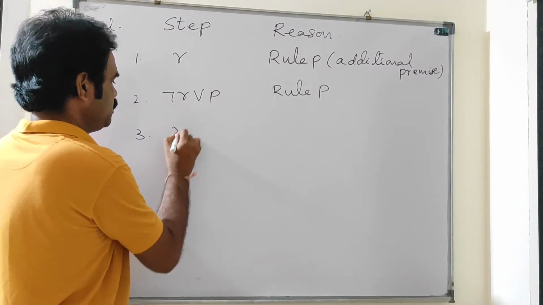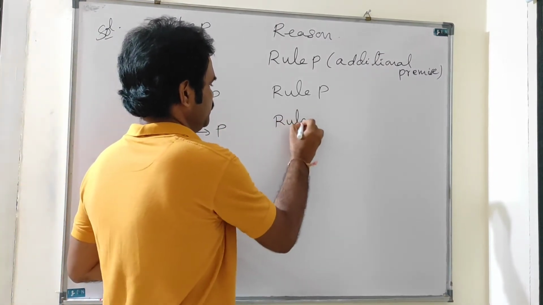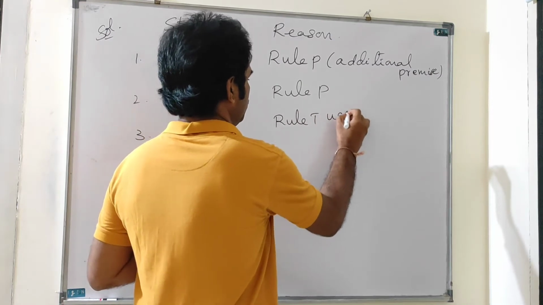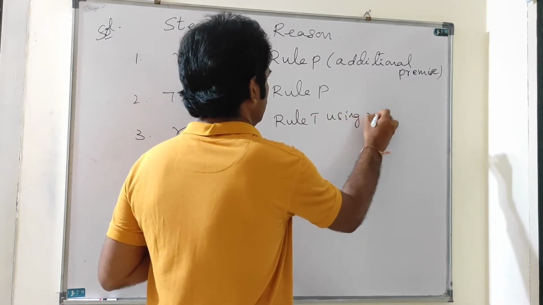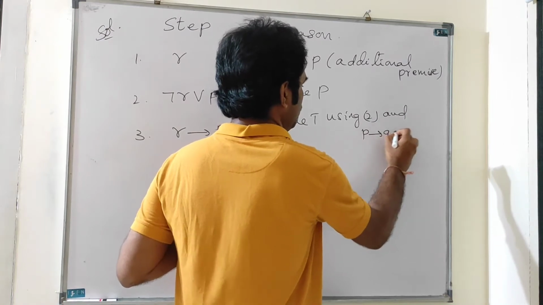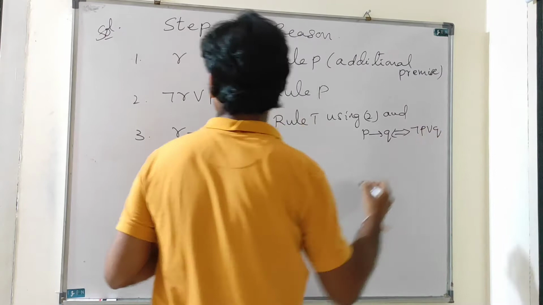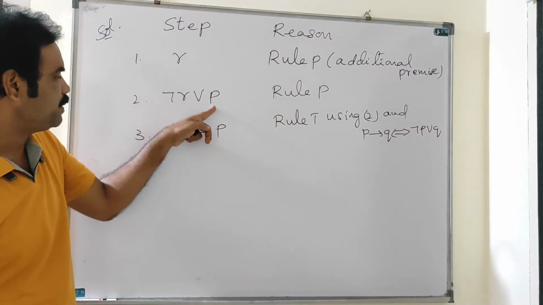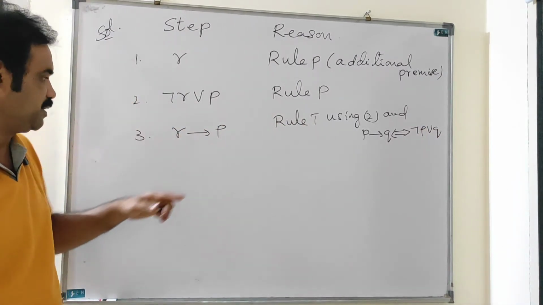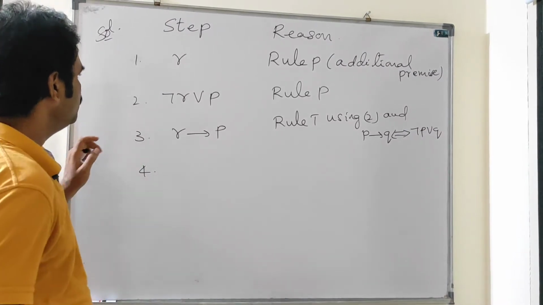This third step, negation R or P, is equivalent to R implies P. Rule T, using 2 and P implies Q is equivalent to negation P or Q. That's why negation R or P is equivalent to R implies P. See the next step.